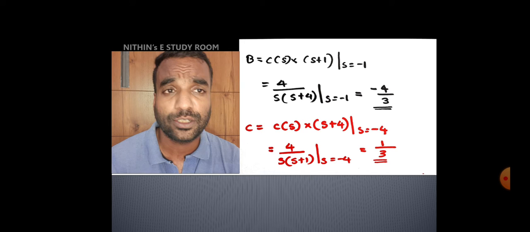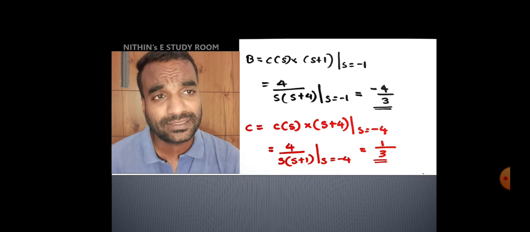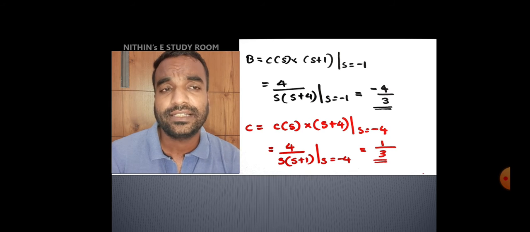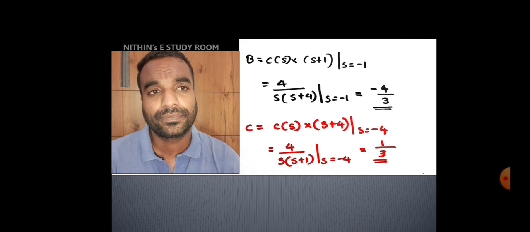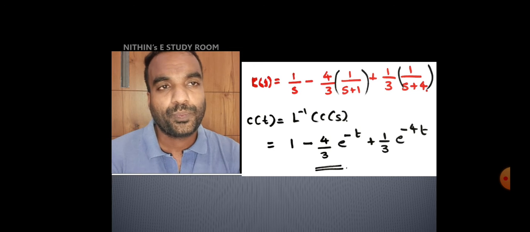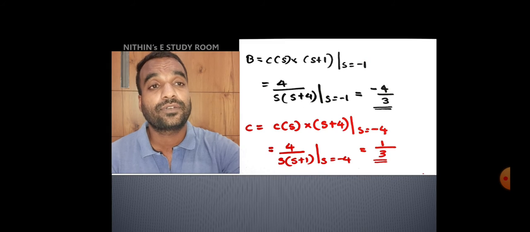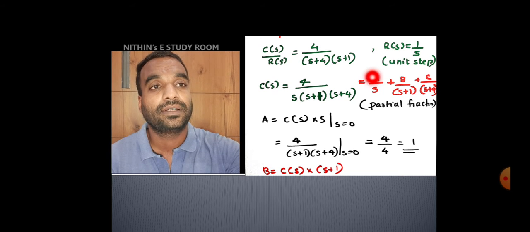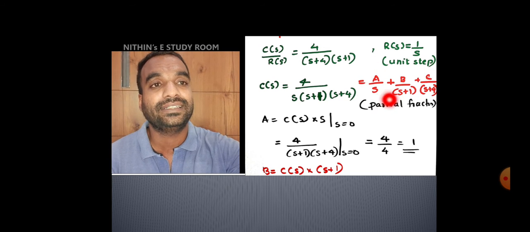And C is equal to C(s) into s plus 4. Put s equal to minus 4. With the same step, you will get C equal to 1 by 3. Now, what was C(s) initially? This was C(s) initially. I am going to substitute A, B, C in this equation.